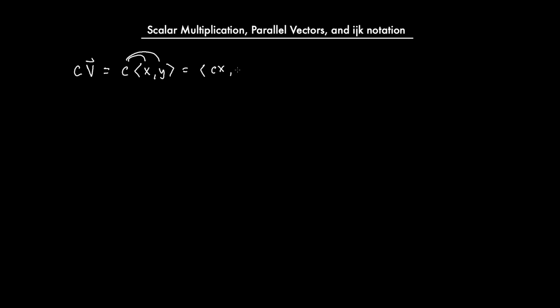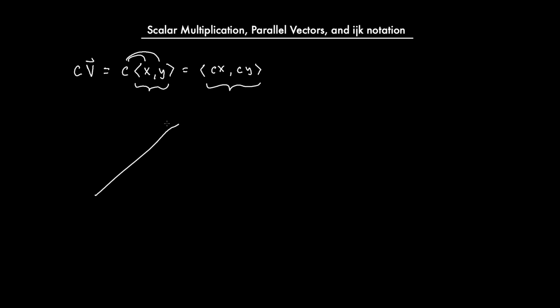So c times x and c times y. Now, this vector is basically the same as the normal vector, x y, only that both components are multiplied by a scalar, which means that these vectors are parallel.